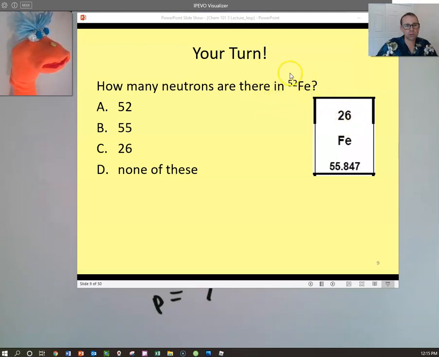So the neutrons are going to have to be identified by using this number, 52. But does it have 52 neutrons? No, that's the sum. So 26 plus 26 is 52. So I guess it has the same number of protons as neutrons. That's right. Very good. So 26 is our answer, C.